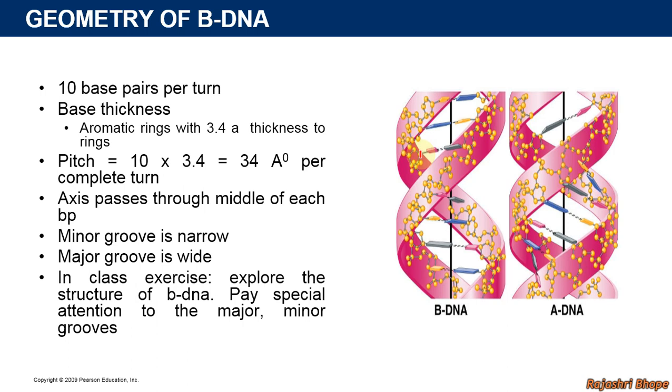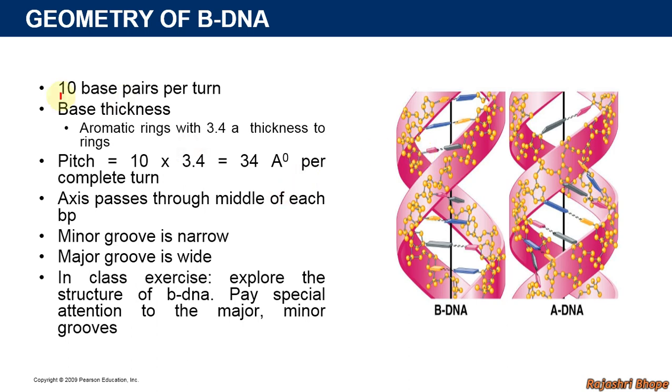Fold the fingers of your left hand, open up your thumb. Now see your fingers. Each finger is turning in clockwise direction. This is how the two strands of the DNA are coiled around one another in a clockwise manner, and this thumb is, suppose, the axis of your DNA.